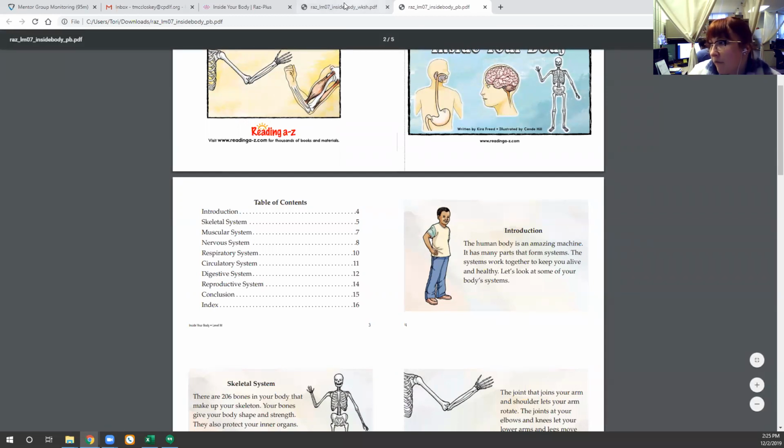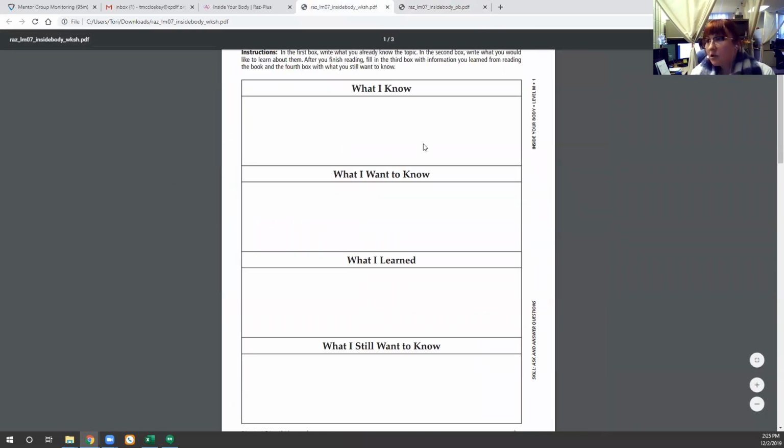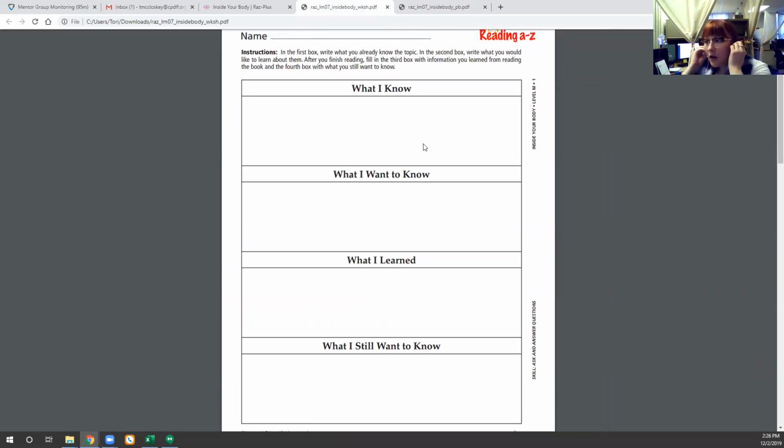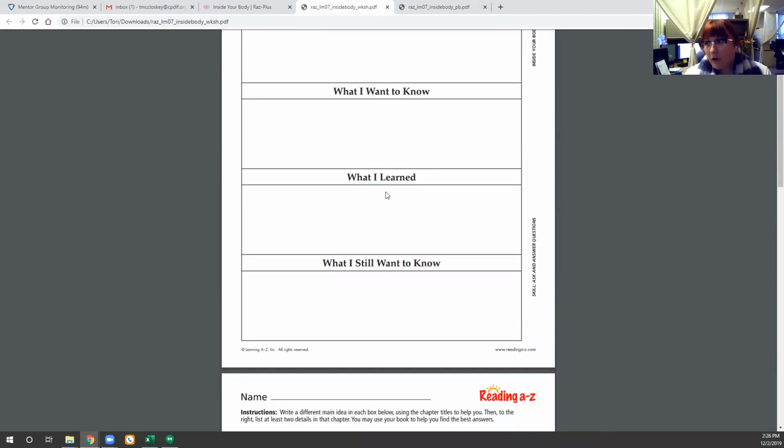All right, now that you have read the book, I'd like to return back to our KWL chart. So we wrote down what we knew before we started, and we wrote down some questions. Now, what did you learn? If you were able to find the answers to the questions in your What I Want to Know column, this would be a good time to write down what you learned from those.